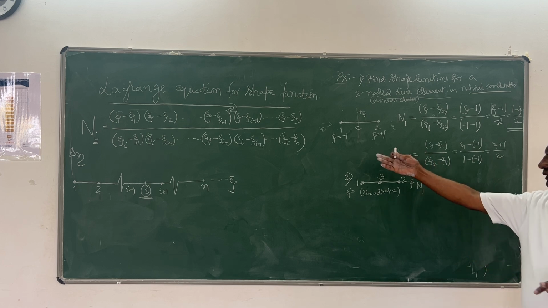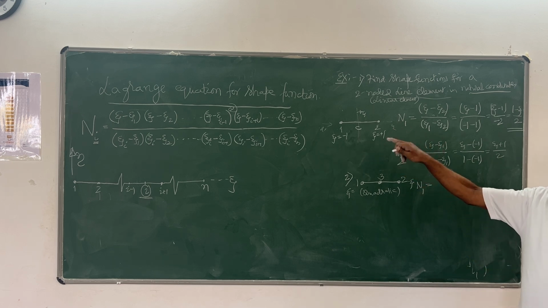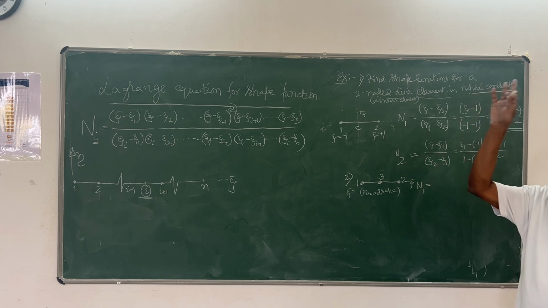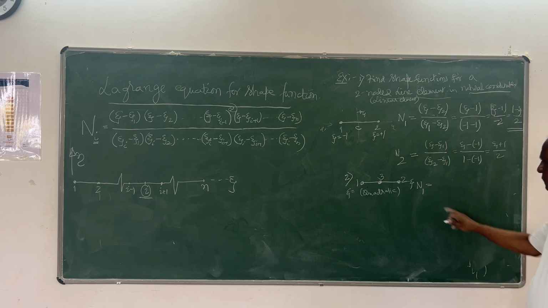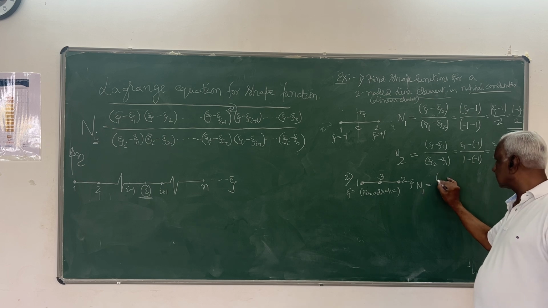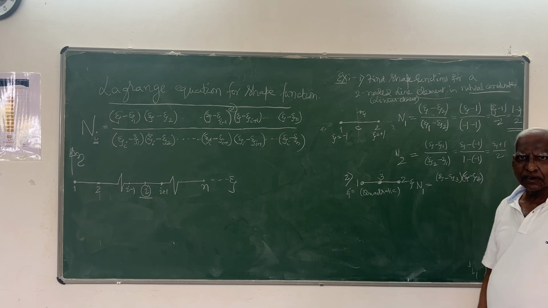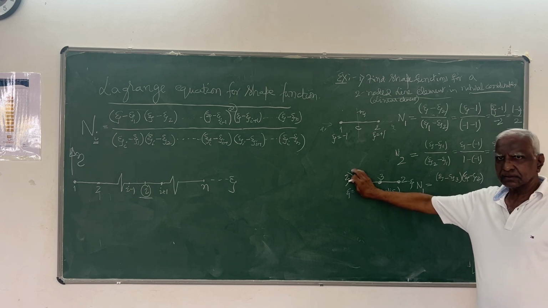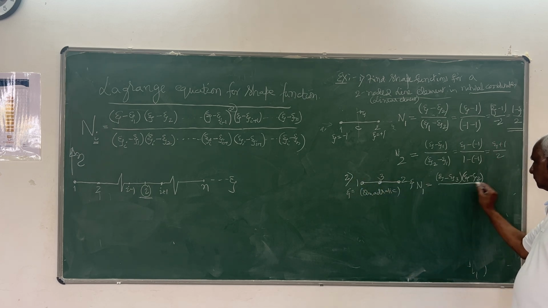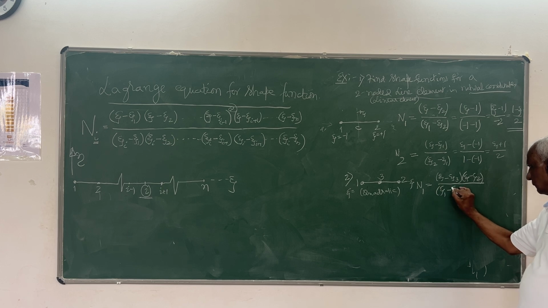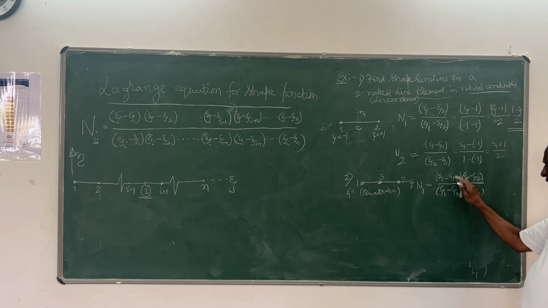Both can use the same equation, but take x or y in whatever direction. So N1 is psi minus psi 3, psi minus psi 2, numerator, forgetting this node, the other 2 nodes, divided by psi 1 minus psi 3, psi 1 minus psi 2. Denominator, same thing, we subtract from the node 1 for which we are writing.